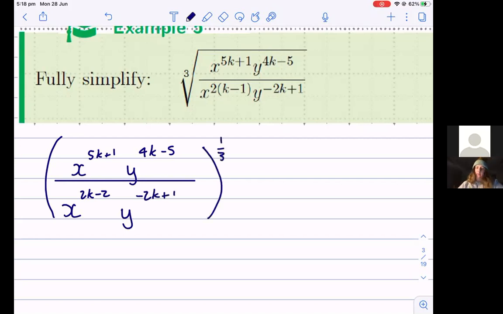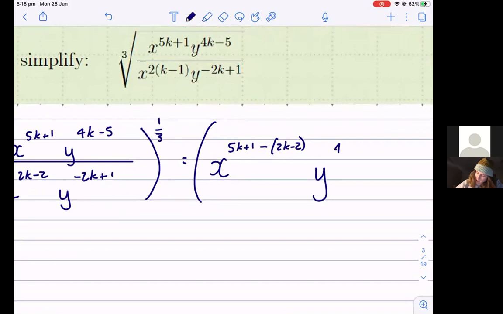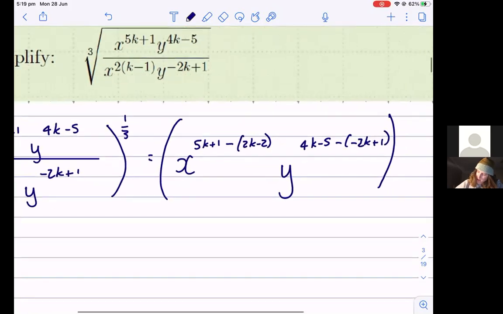I'm going to deal with the to the third at the end, which is the same as x to the, I've got 5k plus 1, and I'm minusing off 2k take 2, y to the 4k take 5, and we're minusing off negative 2k plus 1, and it's to the third, equals.